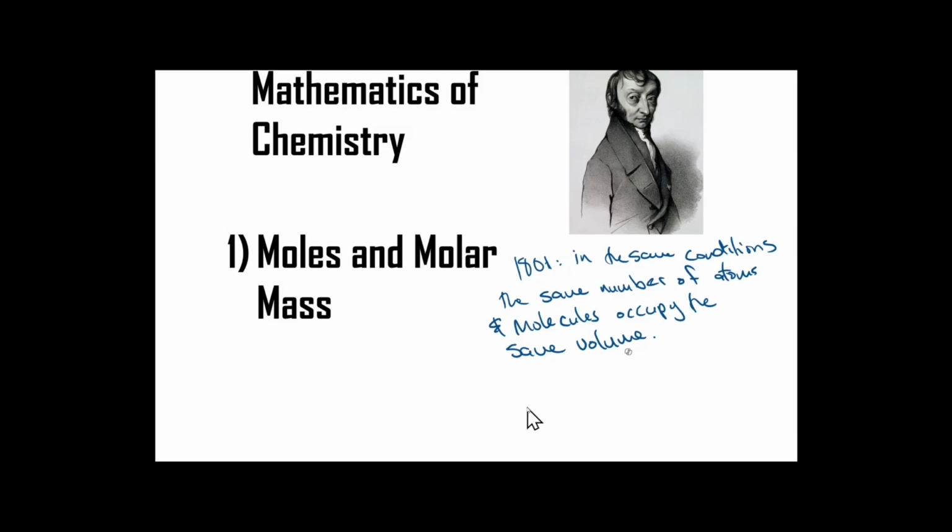So after a long time, and it wasn't until 2019 that Avogadro's number was actually settled upon, we decided that 1 mole is equal to the number of carbon 12 atoms in 12 grams of carbon 12, roughly.